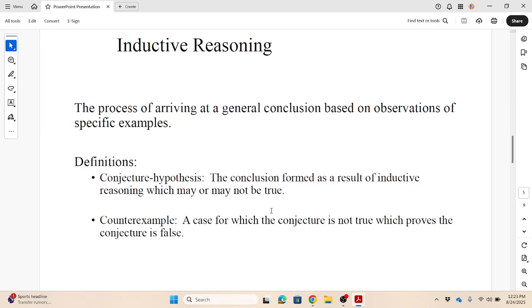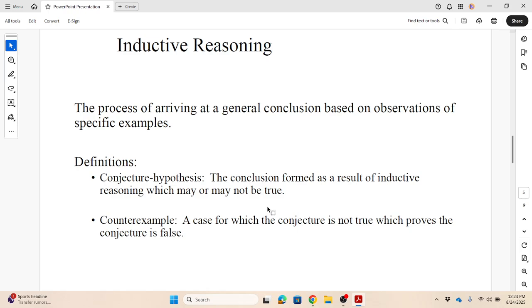Let's say I'm going to give you examples, but before that, based on examples, sometimes we make some kind of hypothesis, conjecture. Conjecture or hypothesis means we think that's true in general. That's called a conjecture or hypothesis. The conclusion formed as a result of inductive reasoning may or may not be true.